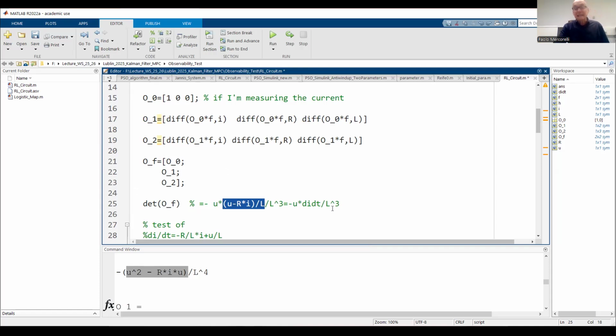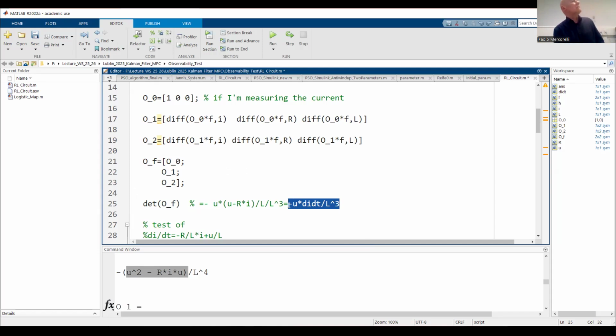Now, we can see that we have the observability if, but I cannot say if and only if U is not 0, I have to verify when the determinant is not 0. If U is not 0, and of course L not 0 is clear, no?